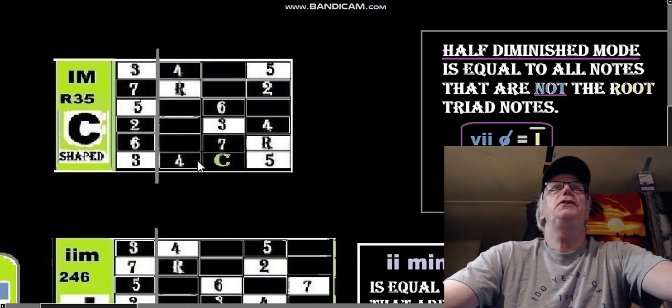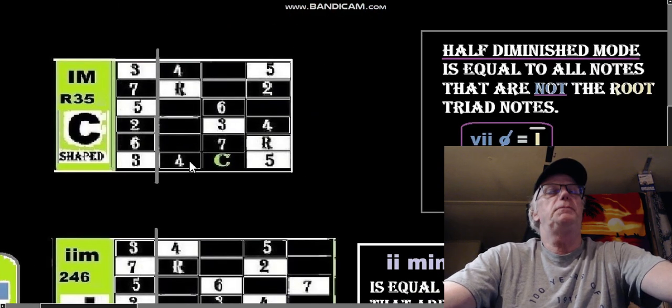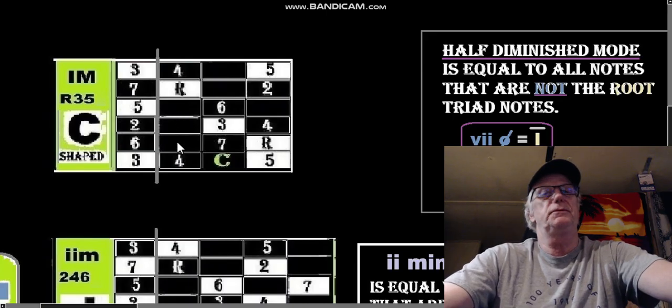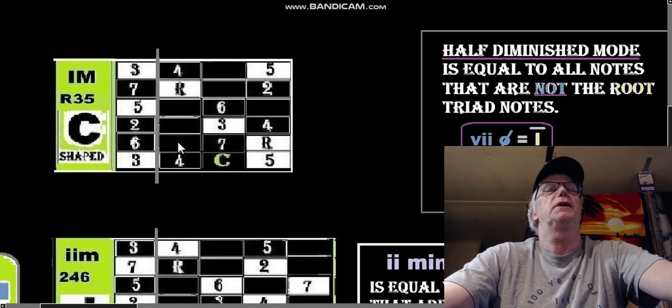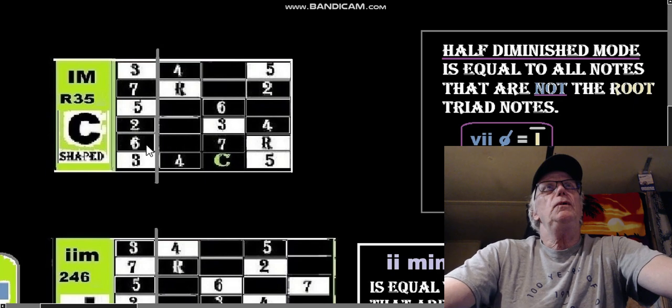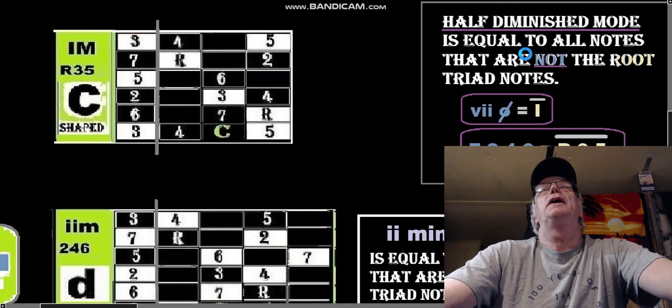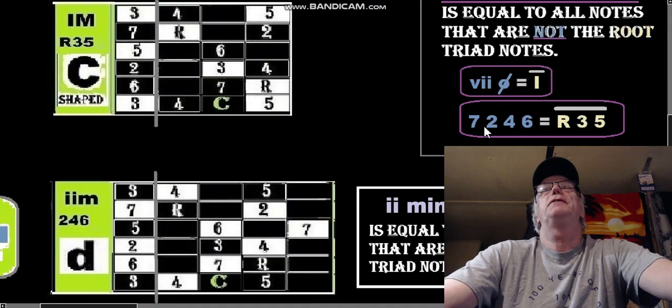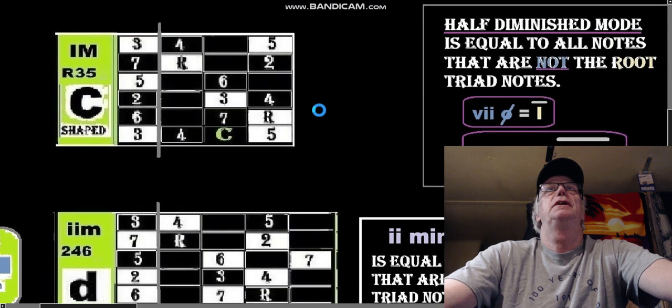All the other notes that have a number on them, and the others are accidentals. In the key of C, they would be actual black keys, right? All the other numbers are the triad. They are 7, 2, 4, and 6.